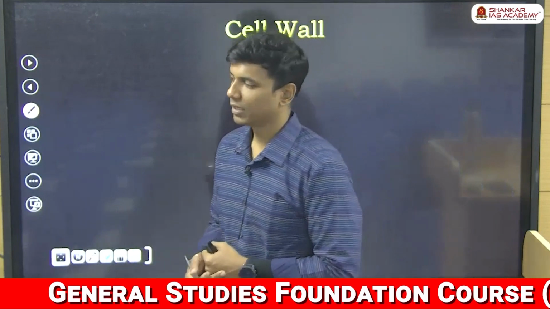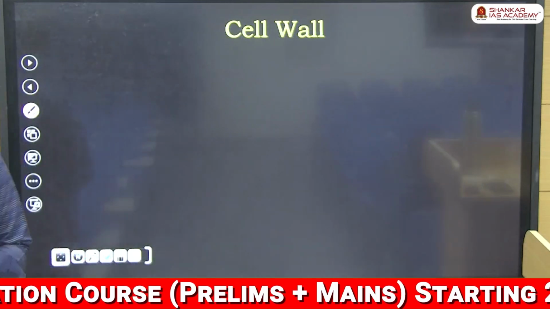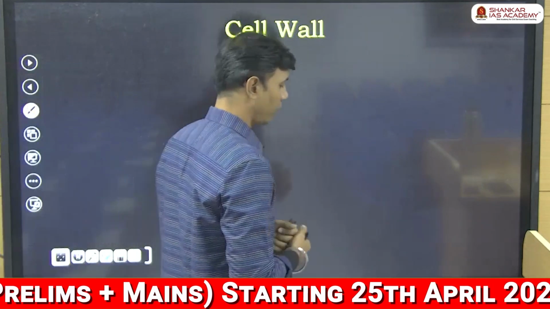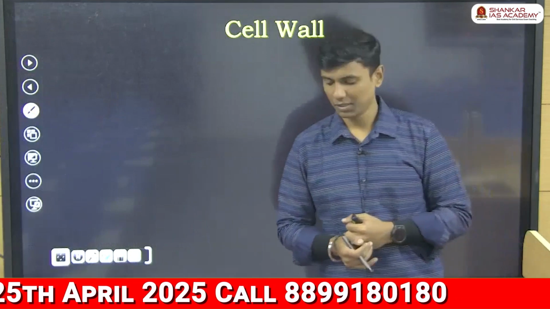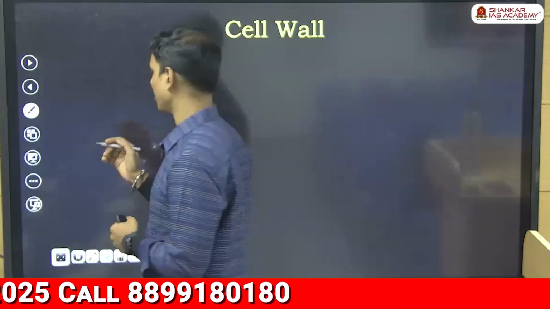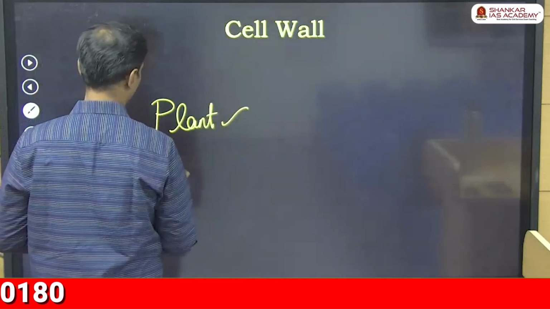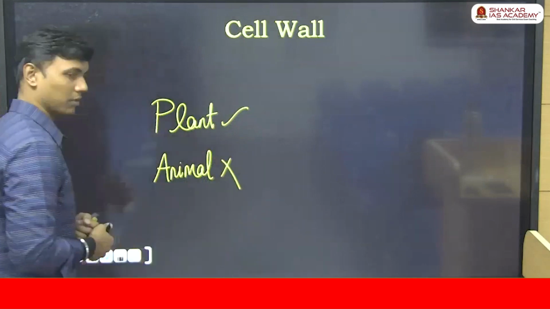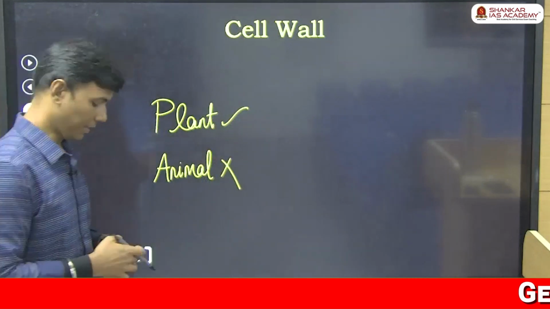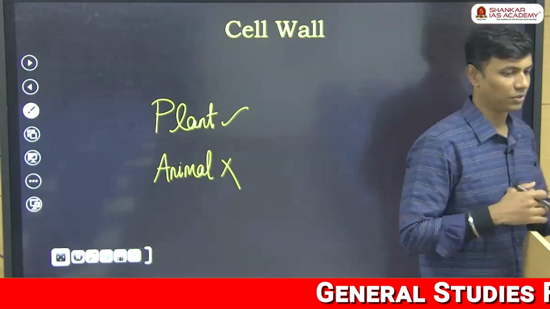Next line you can write, it protects the cell from damage. Cell wall protects the cell from damage. Cell wall is present in plant cells and absent in animal cells.